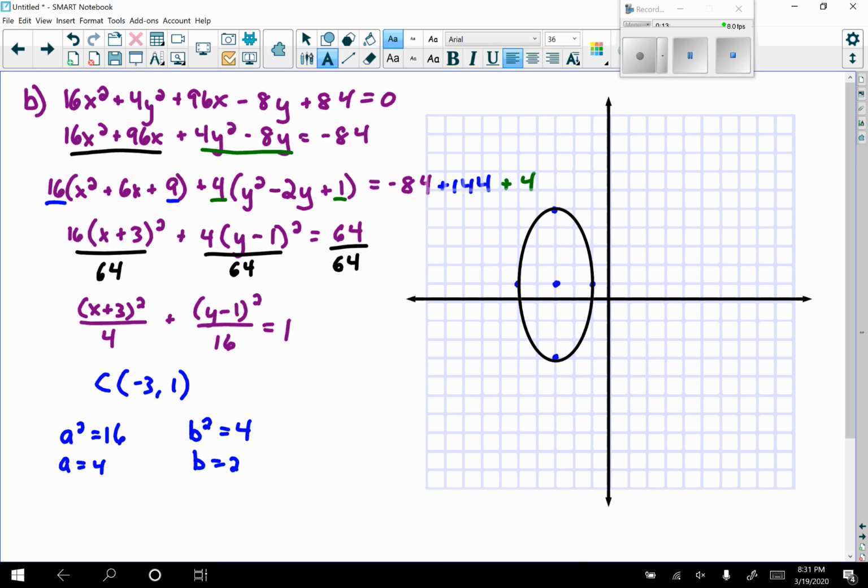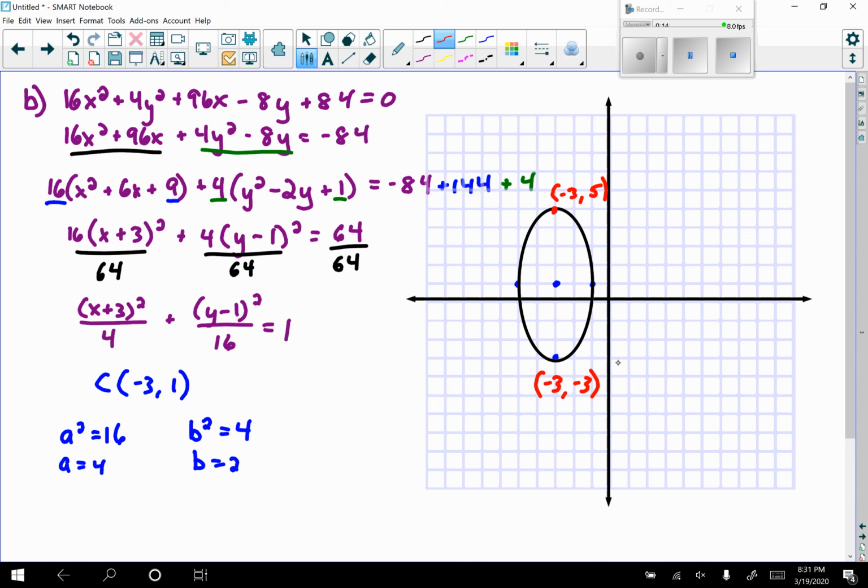Alright, and then writing in our vertices here, at the very top, we have a negative 3, and like what I just did for the last problem, when our major axis is vertical, the x value is going to stay the same, so we still go negative 3, but then we're taking this 1 and we're adding 4 to it, so 1 plus 4, but we could actually add that unlike the last one, so this is negative 3, 5. And then down here, we're still going to have a negative 3, and then it's going to be the 1 minus 4, which will give us negative 3.